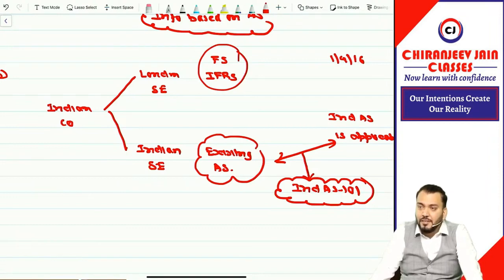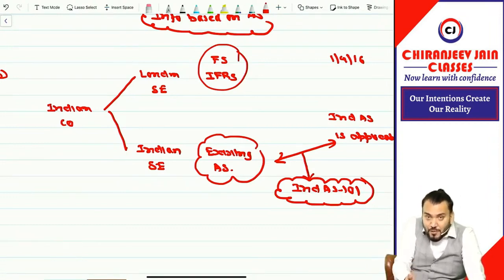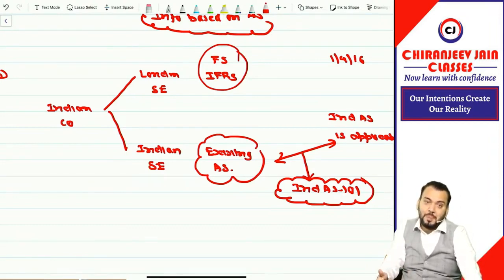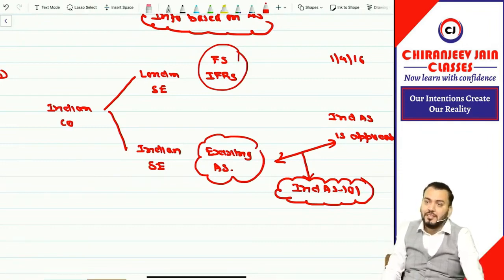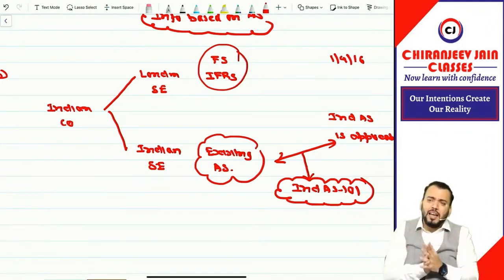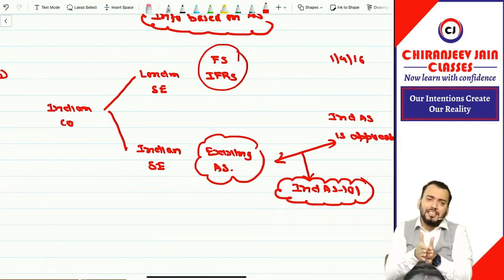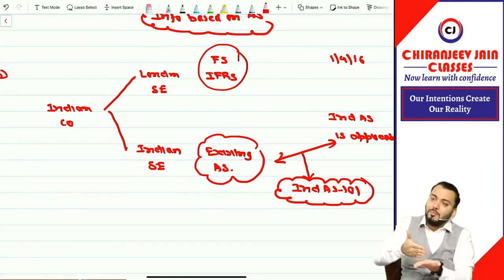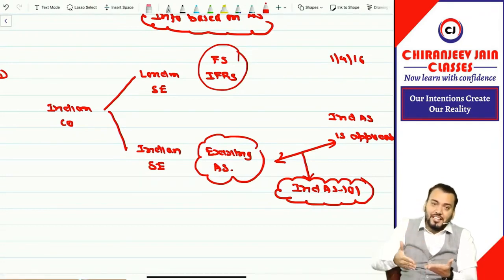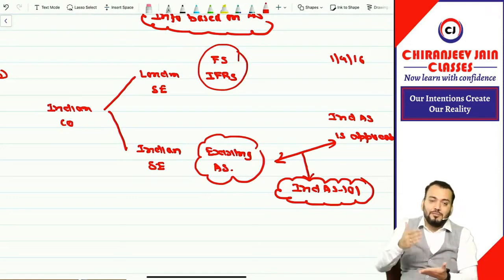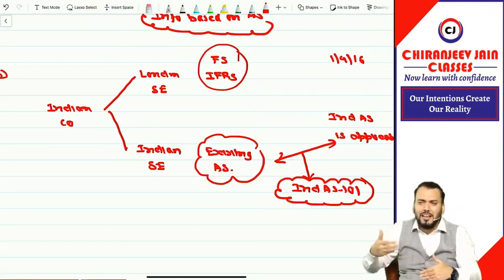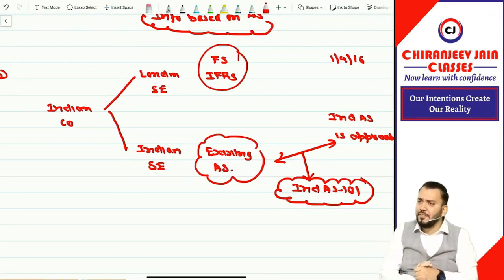Correct. So once the introduction is completed, now we'll come to the chapters. All the chapters I have done, I have divided into Ind AS only. Ind AS 1 will be one chapter, Ind AS 2 will be the second chapter, as per my convenience.